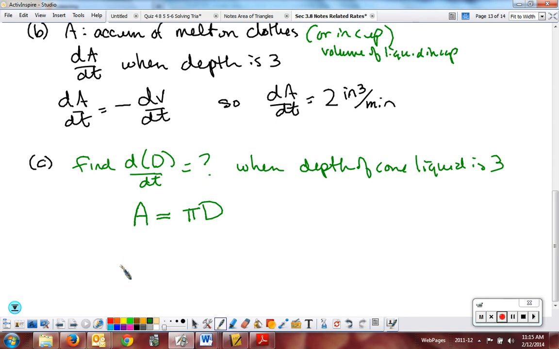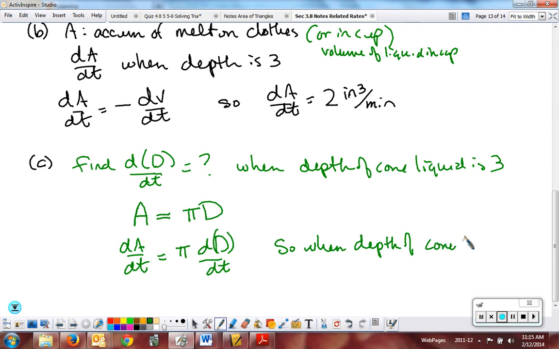So now what do? Derivative dA dt equals pi d dd dt. Right, we know everything, don't we? Are we ready to just answer the question? So when the depth of the cone liquid is 3, we would end up with 2 equals pi times d dt.